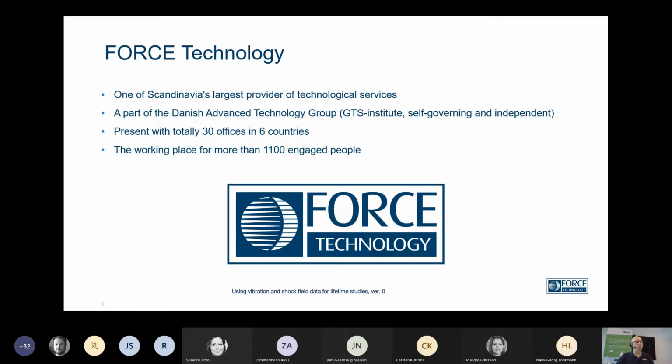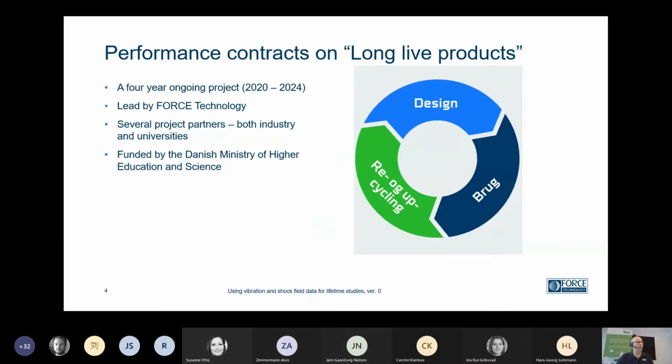So we are not owned by any shareholders or by ourselves, but we are independent, and many activities we do can be done accredited according to international standards. We have offices, the main offices in Denmark here, but we have offices on 6 different continents of the world. And I have the pleasure of working with more than 1,000 skilled colleagues in this company here.